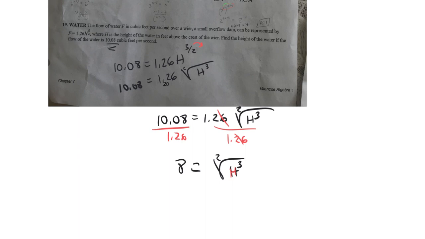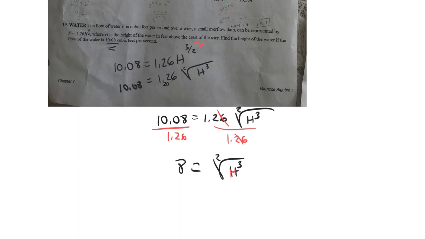Now, I think people would agree that this radical square root action is in the way. We want to ultimately get this red h all by itself on the right-hand side, which means we have to get rid of all this stuff. We're going to have to get rid of that exponent of 3 as well, but we have to attack this from the outside in. So let's first get rid of that square root symbol.